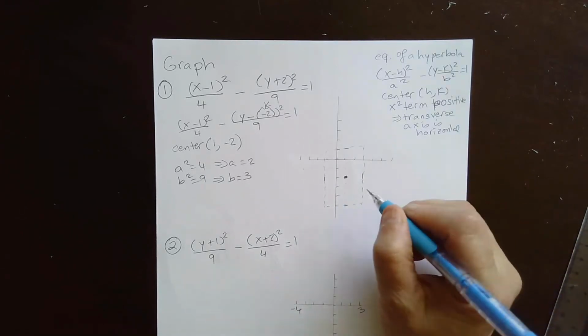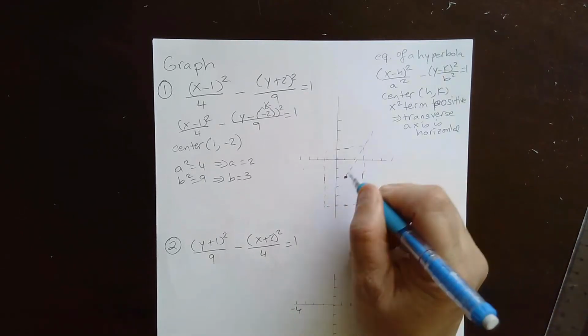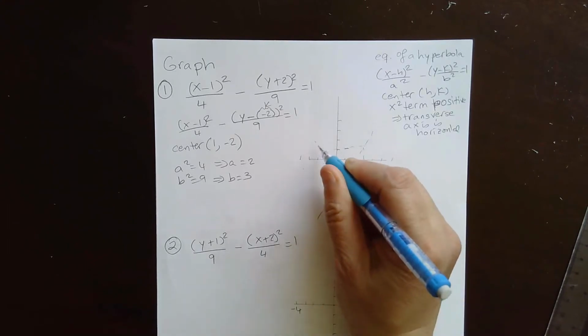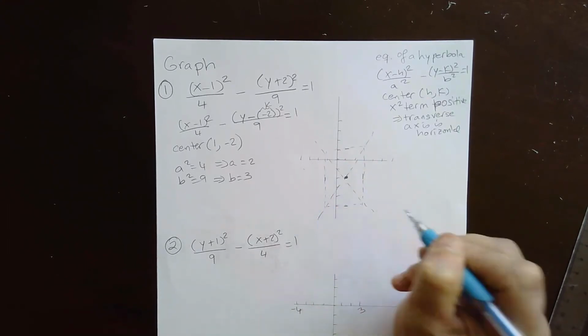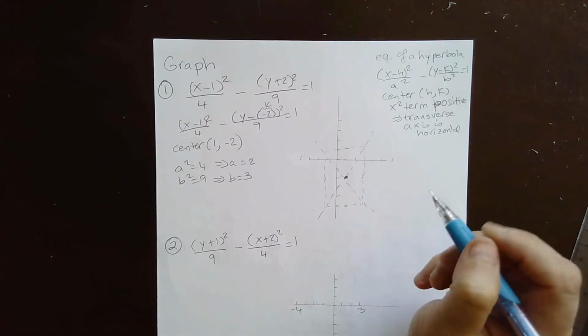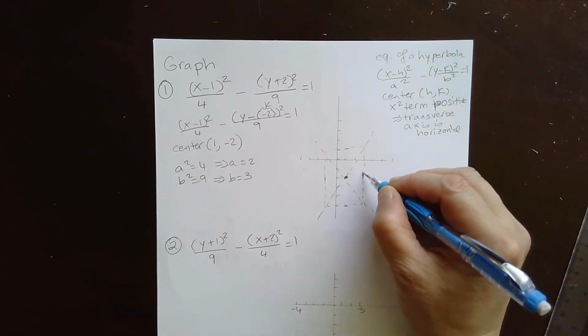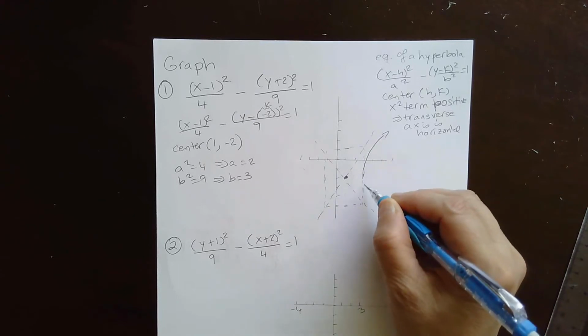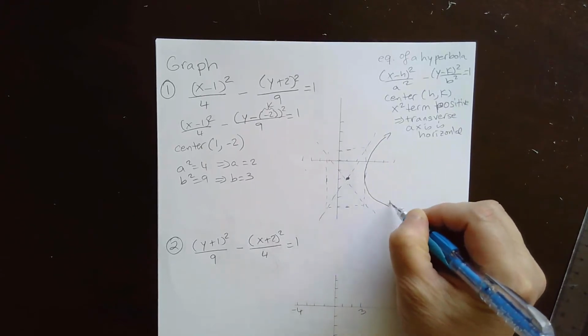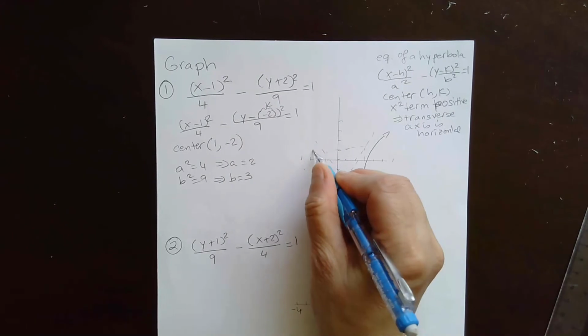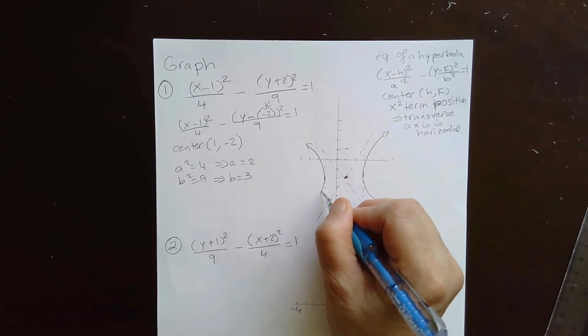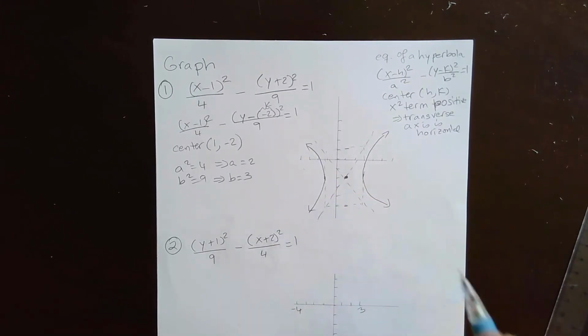And then here is your asymptote. Now again, the transverse axis is horizontal, so this would be the vertex. Now this is a graph of our first equation.